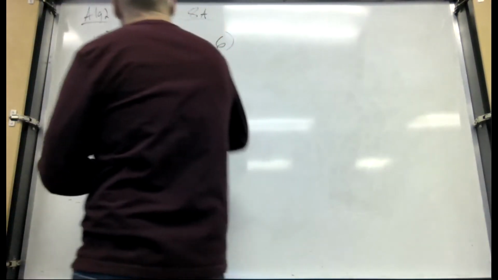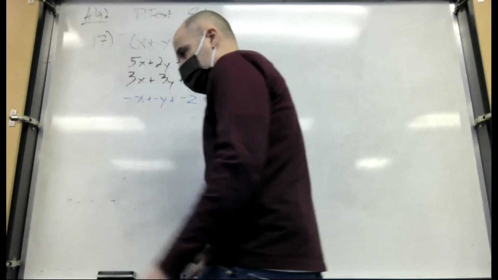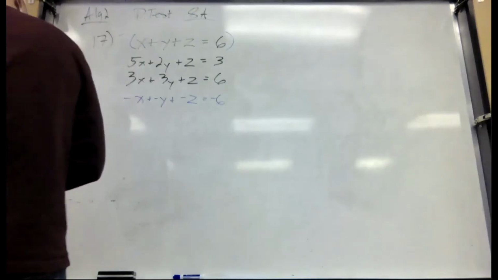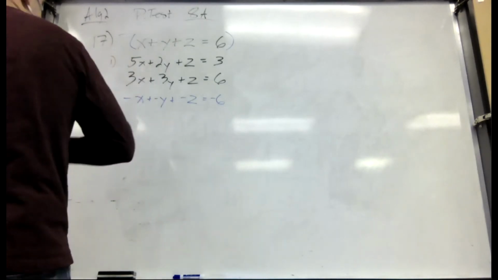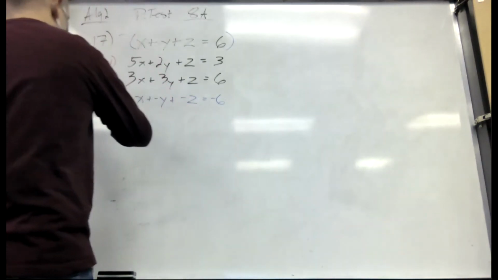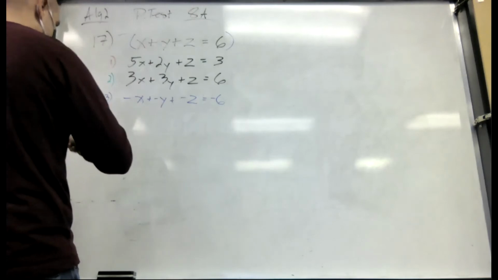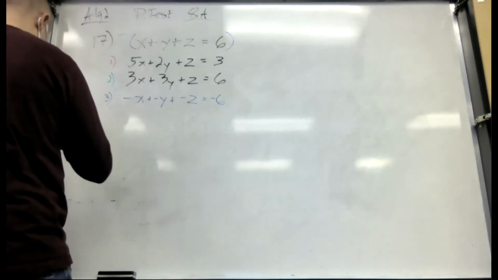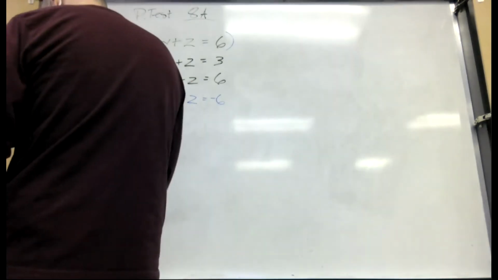So now I'm going to forget about this temporarily. Let's label this equation 1, label this equation 2, and this is equation 3. Okay? So if I add 2 plus 3, what do I get?